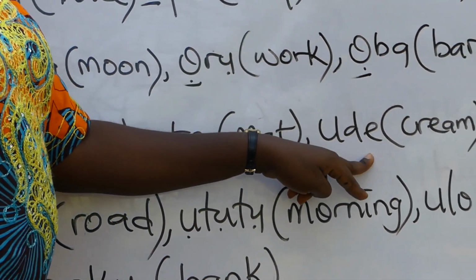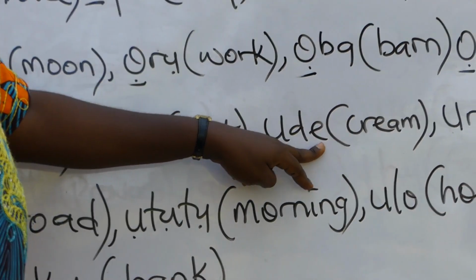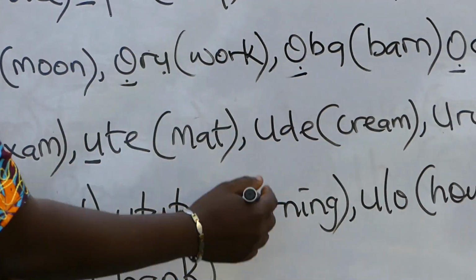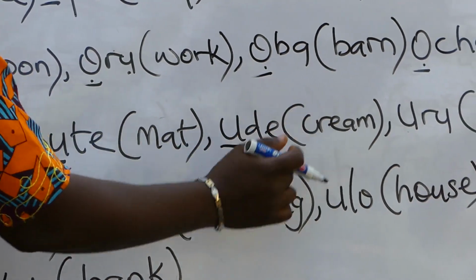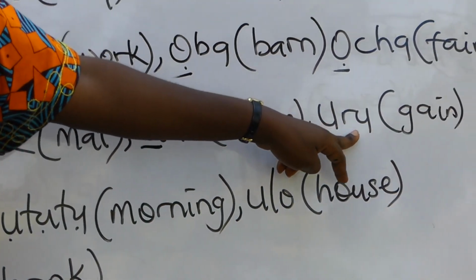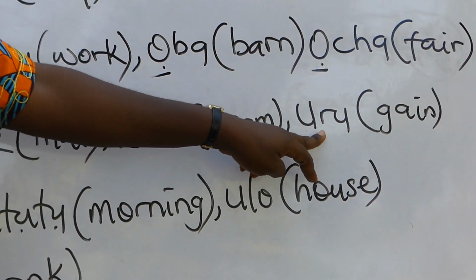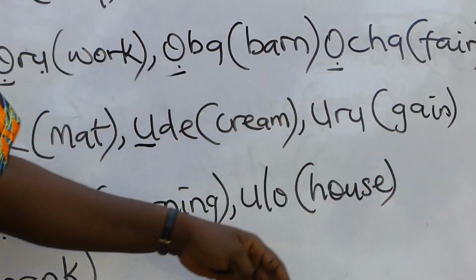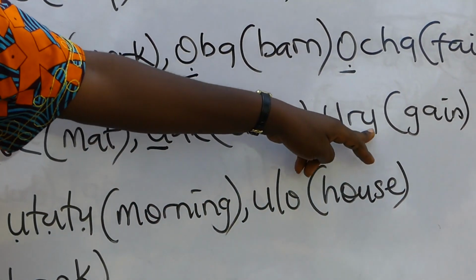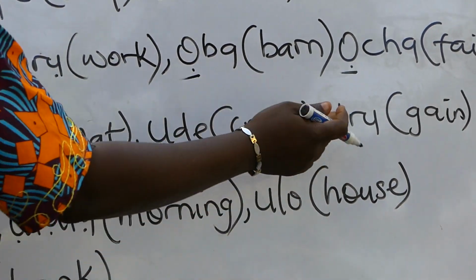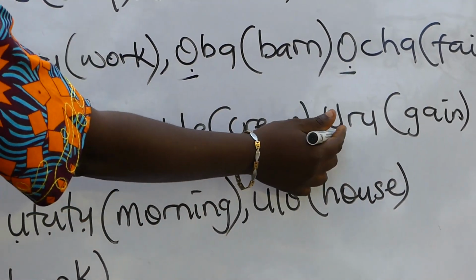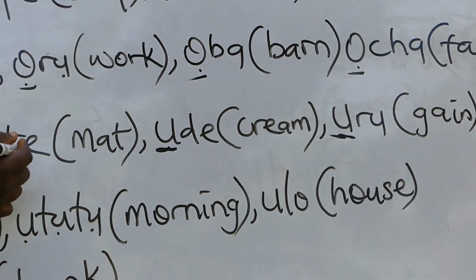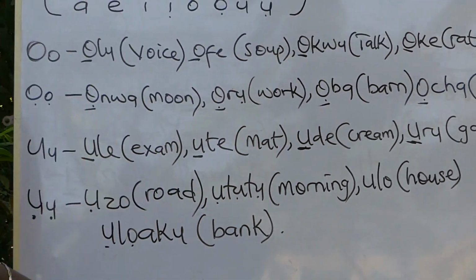Ude, cream. Uru, gain, to gain something. We call it Uru in Igbo. So Uru, gain. We are talking about the U sound here. One of the vowel sounds, U.